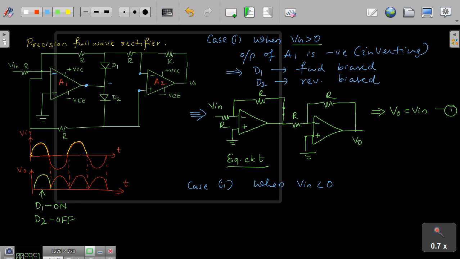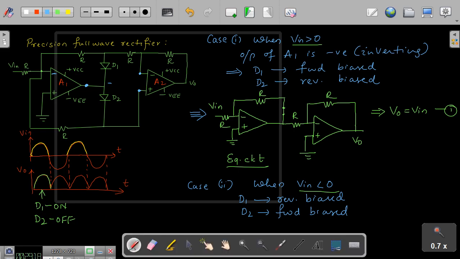Your D1 will now be reverse biased. D1 is reverse biased and D2 is forward biased. All of you are following it or not, right? So when V in is less than 0, you have D1 reverse biased, D2 forward biased.